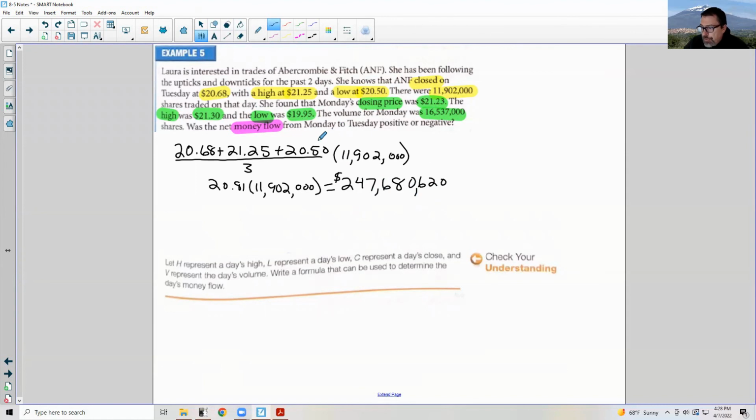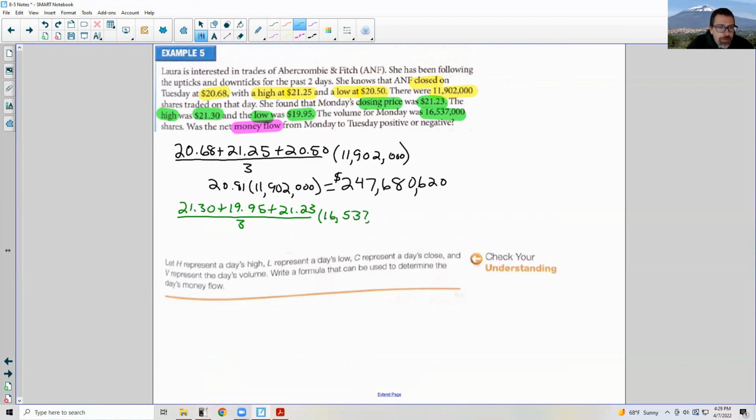And now we're going to do the same for Monday. So we're going to take $21.30 plus the low, 19.95, plus the high. Whoops, I missed the close, 21.23. I'll put it at the end. It doesn't matter what order. Our addition is commutative. And then I'm going to multiply that by the volume, 16,537,000.